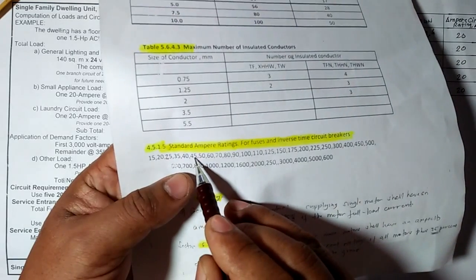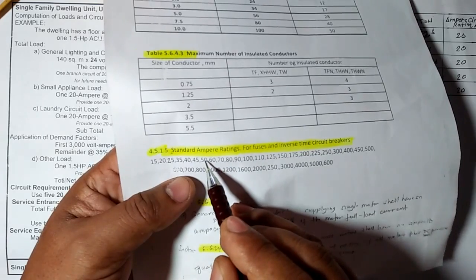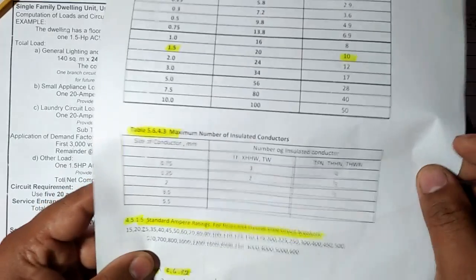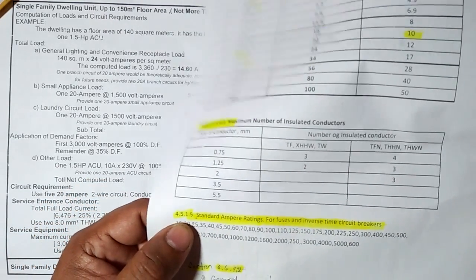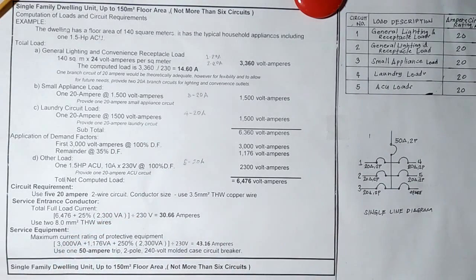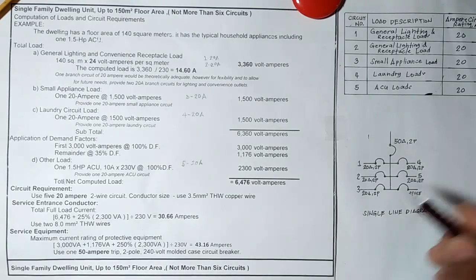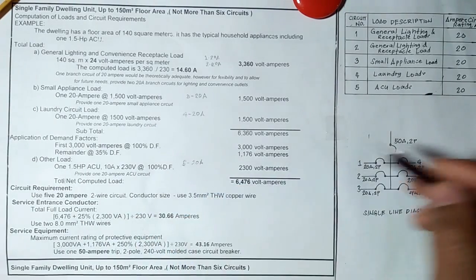So we jump up to 50 ampere circuit breaker. So yan po, dito po kinukuha yan sa section po na to, 4.5.1.5 of Philippine Electrical Code. So we will have to use 50 ampere 2-pole 240 volt circuit breaker. So yan po yung circuit requirement, nakuha na po natin.